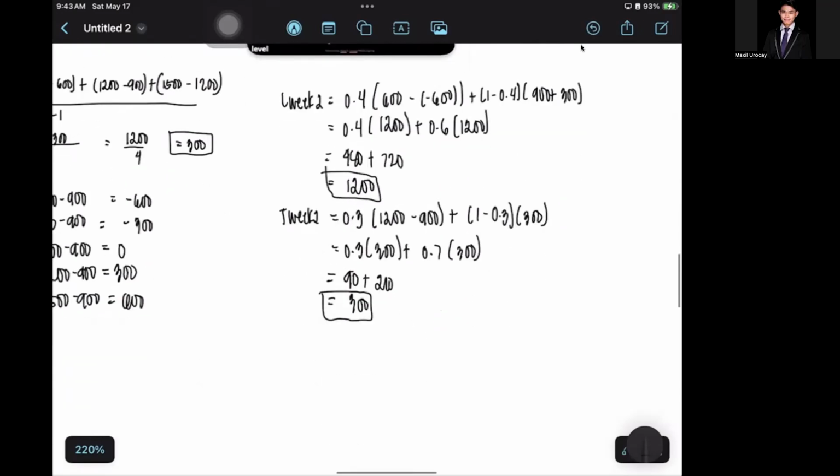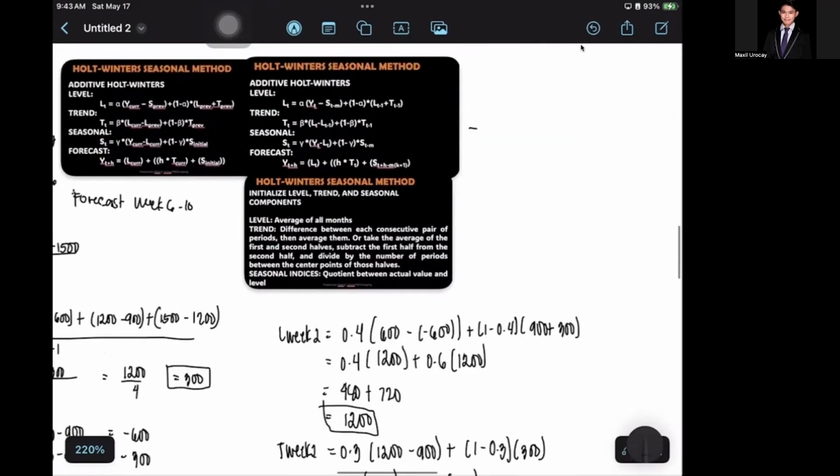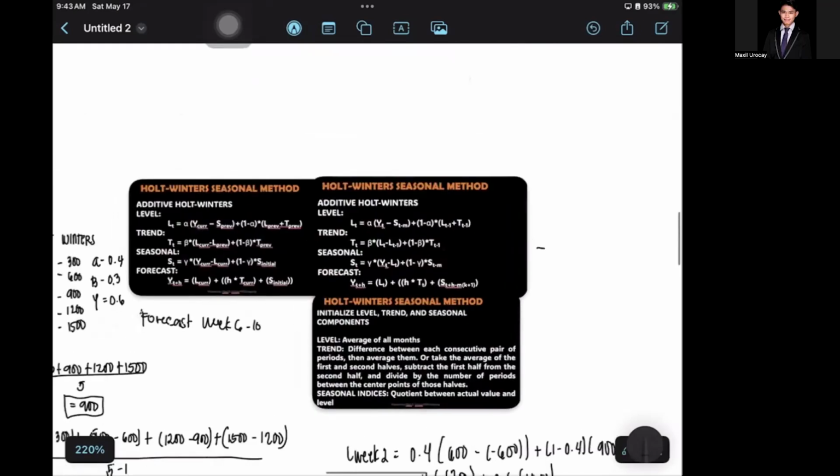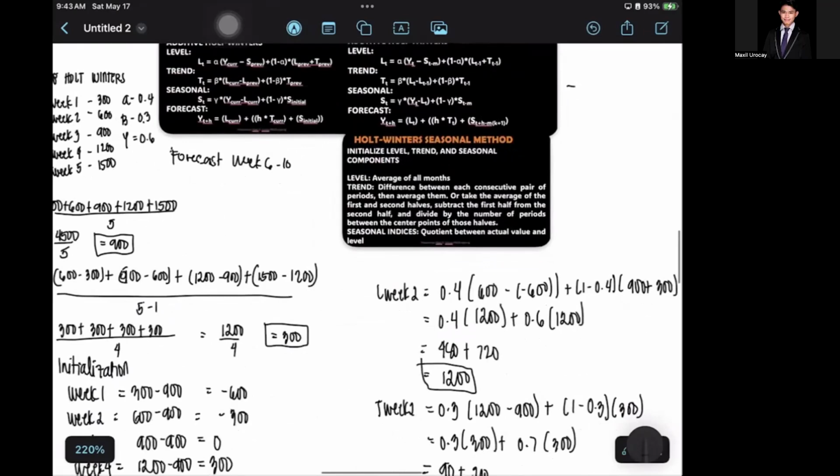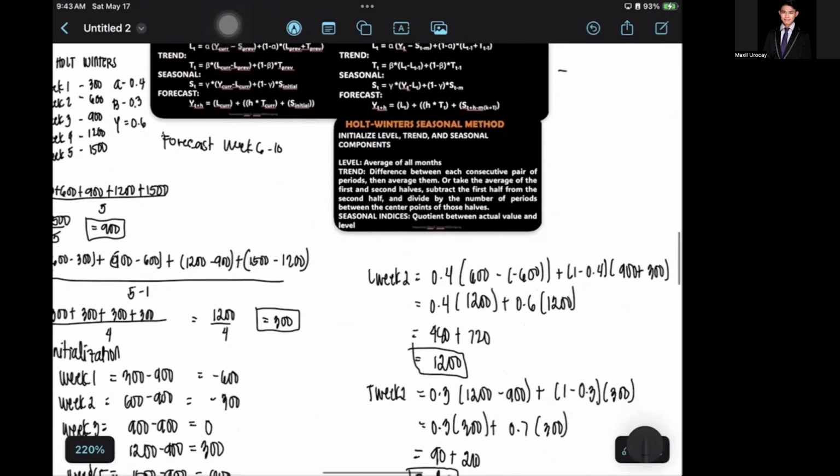Now, what about for seasonal? For the season of week 2, how to do it? Given that for the Holt-Winters additive method, the formula that you will be going to use is definitely gamma times the yt minus lt plus 1 minus gamma, then st minus m.